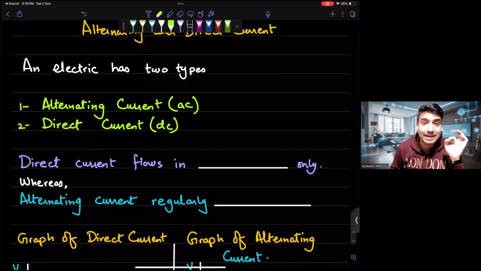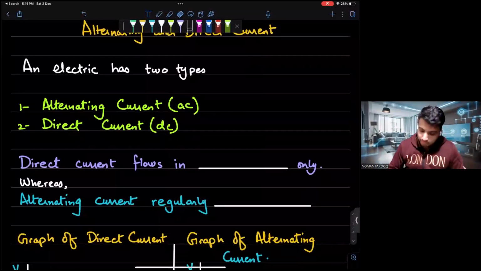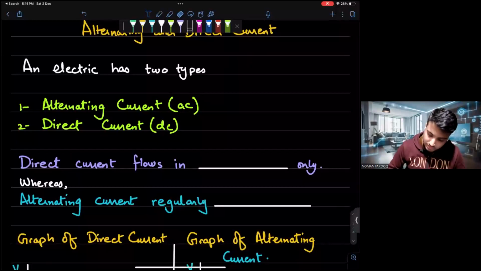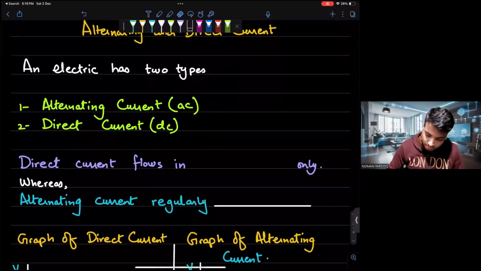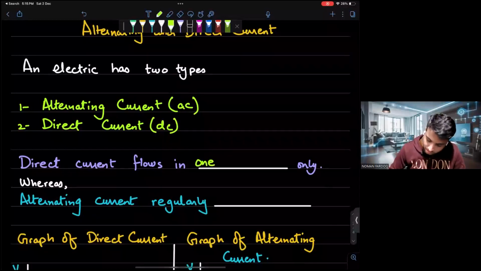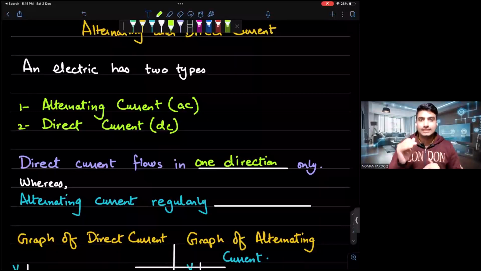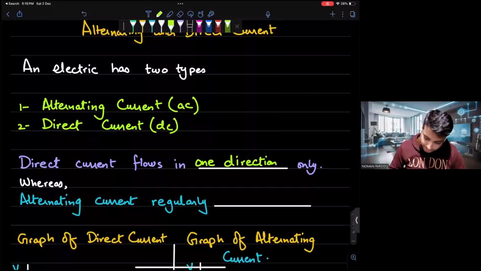Basically, direct current flows in one direction only. Whereas alternating current regularly changes direction.